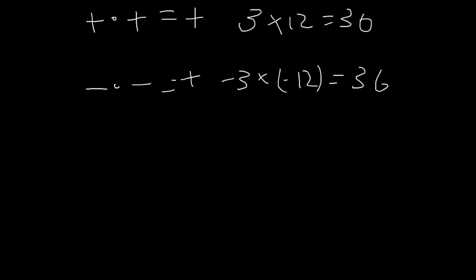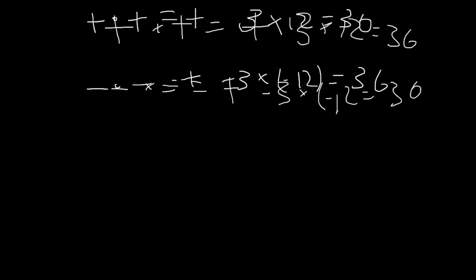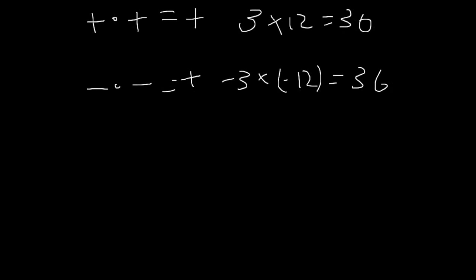And then, if you're multiplying a positive and a negative, or a negative and a positive, so one of each type, the answer will always be a negative. So, negative 3 times positive 12 will equal negative 36, since one's a positive and one's a negative. Next, we have zeros.